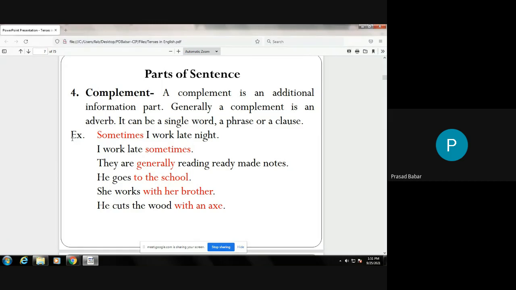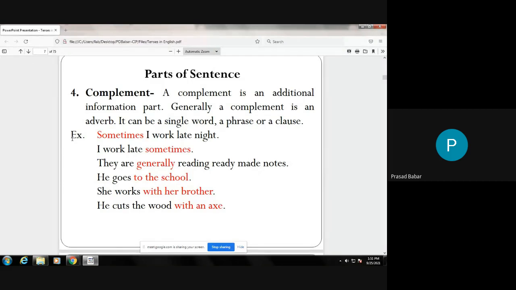A complement is an additional information part. So it is the part of a sentence which is telling the additional information about that sentence. That is why it is called an additional information part. Generally, a complement is an adverb.